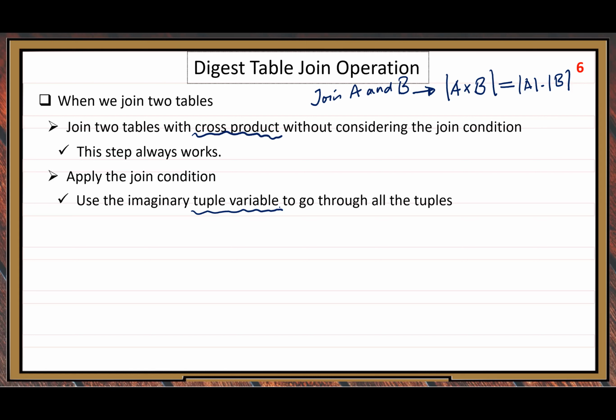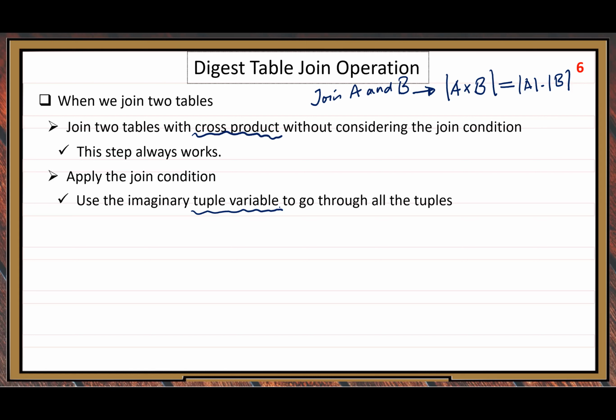In my next slide, I would explain this tuple variable concept. So use the imaginary tuple variable to go through all the tuples. So there is an iterator. Next slide, we will use this term, iterator.